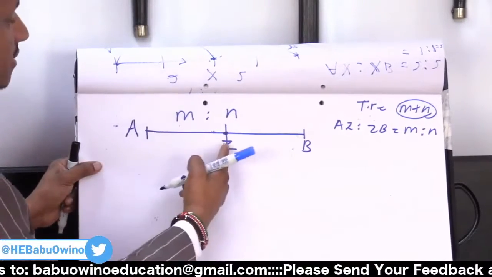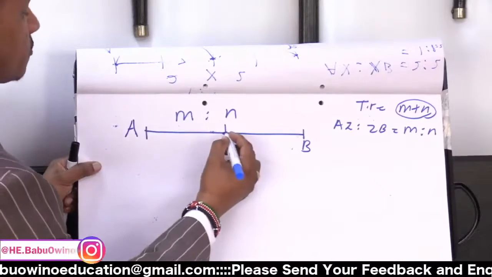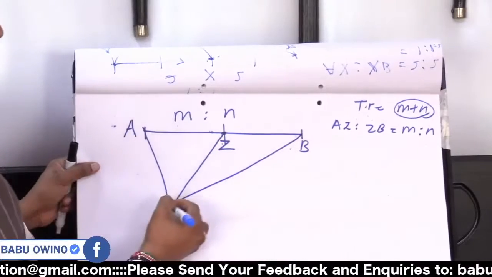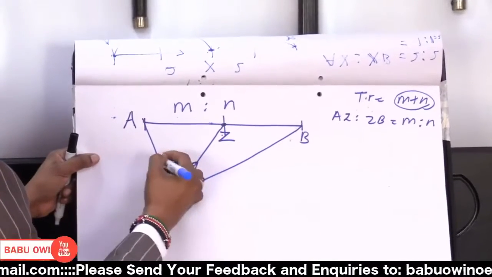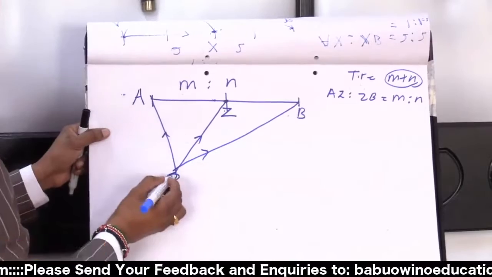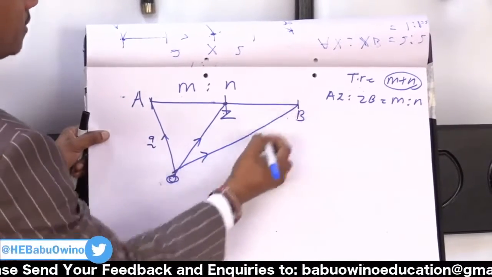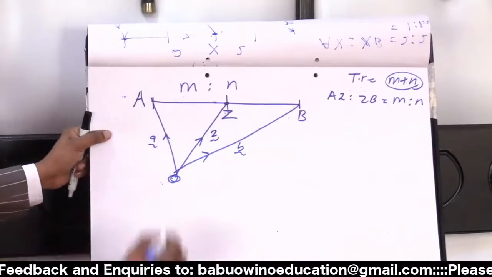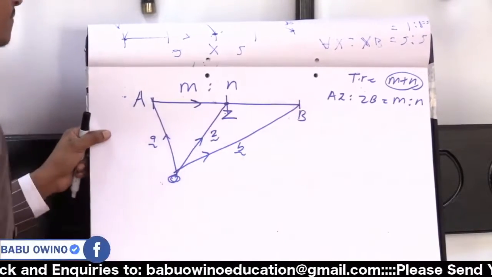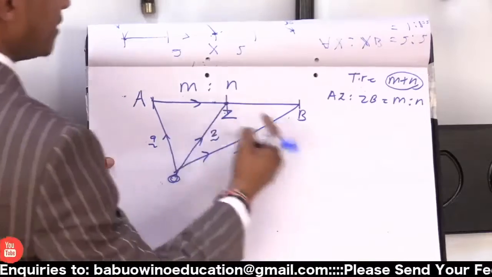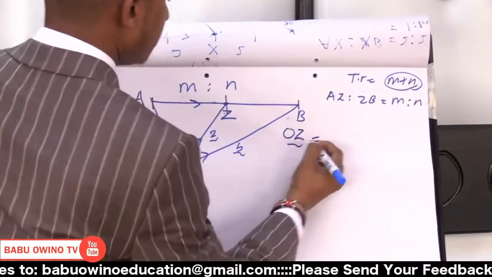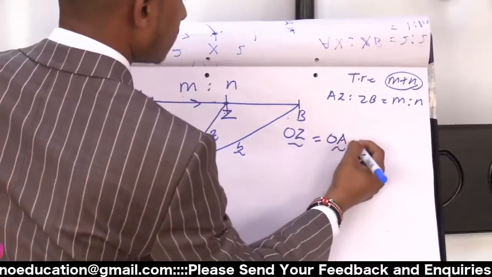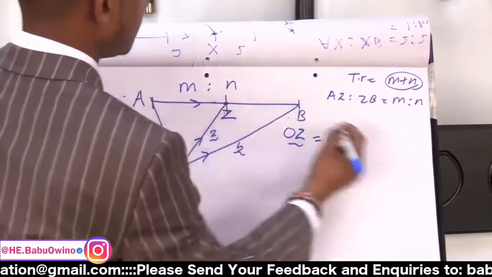Therefore, we want to get the position vector of Z. This is our point O. Remember, OA is A, OB is B, then OZ is Z. This line runs from A to B. Therefore, OZ equals OA plus AZ.